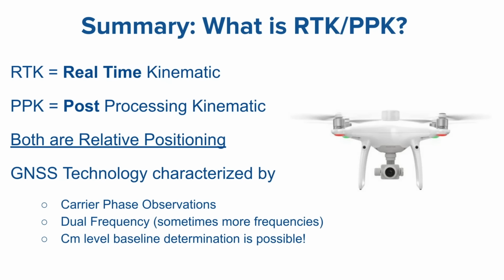It's just not always necessary to have RTK, but those are the differences between the two. Both are relative positioning, so you're solving for the baseline between the base and the rover, and they're both characterized by high accuracy carrier phase dual frequency observations.